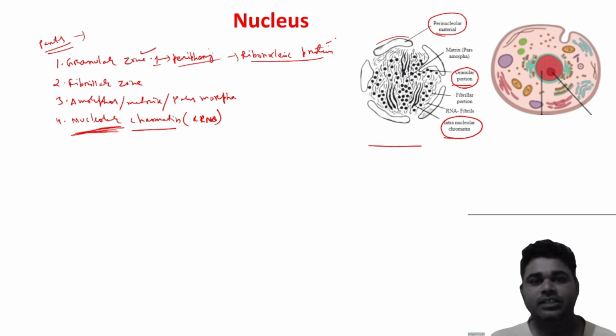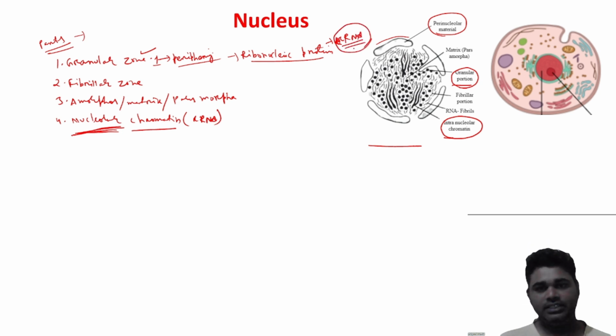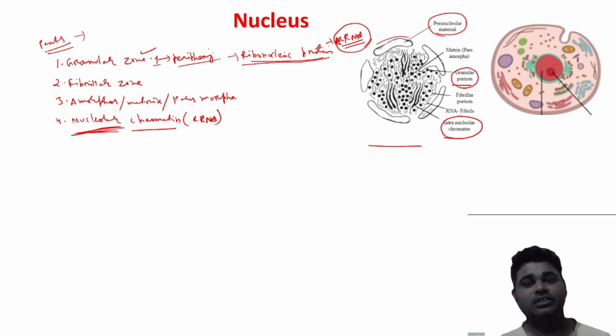Simply you can say the rRNA and the associated protein is called the ribonucleic protein. So at the outer or periphery region, the granular portion is present, and it contains the ribonucleic protein, that is rRNA and its associated protein.